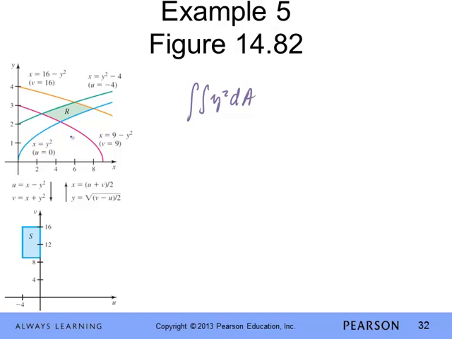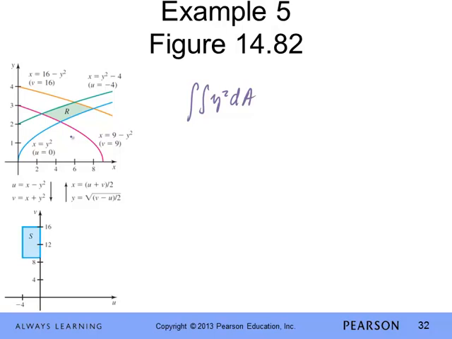So if you take this one up here, x minus y squared equals negative 4. And here you got x minus y squared equals 0. So if you do the substitution u equals x minus y squared, then you'll see that u is going to vary between negative 4 and 0.